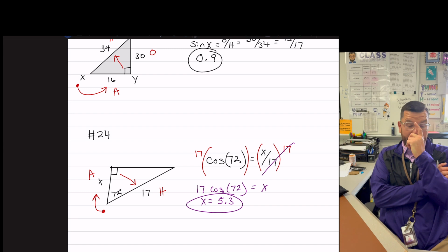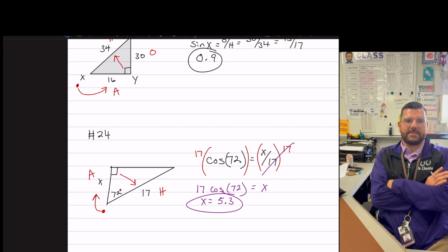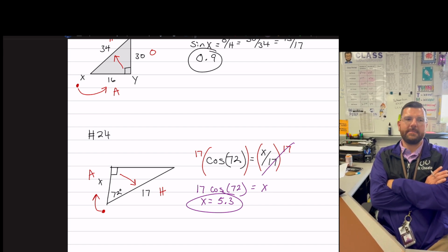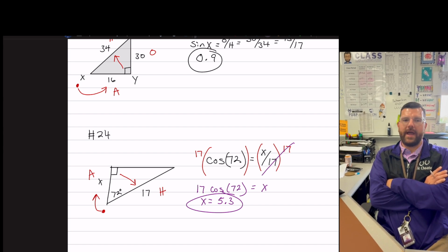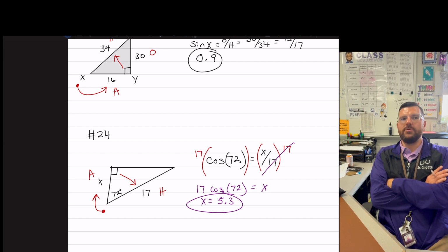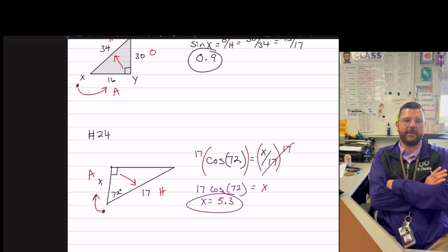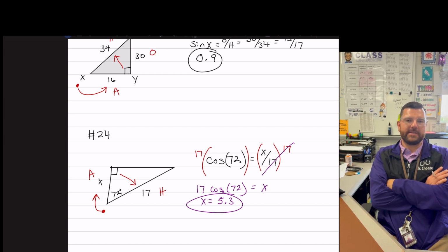I'm going to tell you something. Believe it or not, I've seen this now for 5 years teaching at the high school. Your classmates in your other classes like to play games on you. They will put it into degree mode, and then they will clear their calculator, putting it back into radians, and leave it that way. So that you come in 8th period thinking, well, they've used this all day long, surely I don't have to check it. And you will work a worksheet thinking you did everything right, and it actually calculated incorrectly because it was not in degree mode.